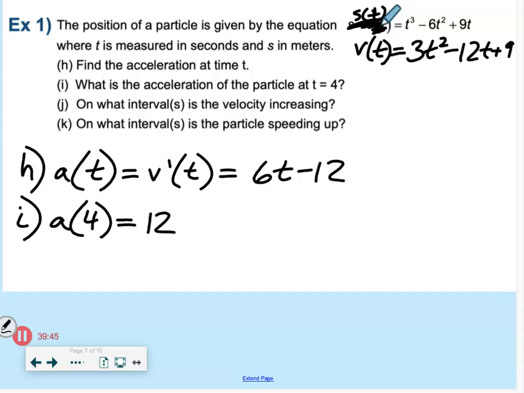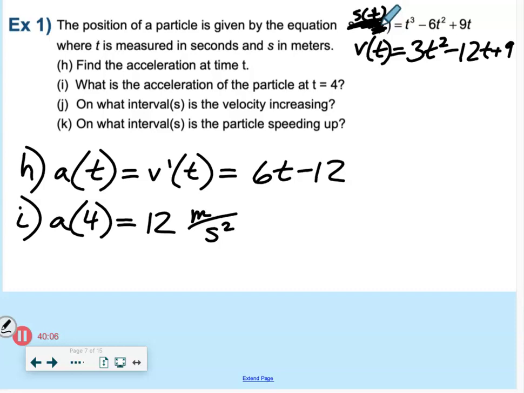Acceleration is the rate of change of velocity, so it's meters per second squared. You can write m/s/s, or you can write m/s squared. What you can't write is meters squared per second, because that's a totally different thing.